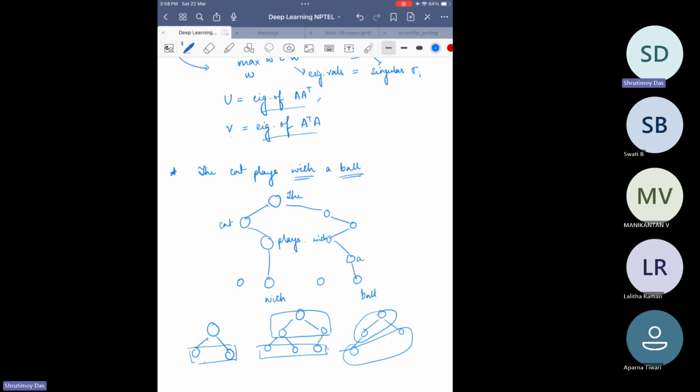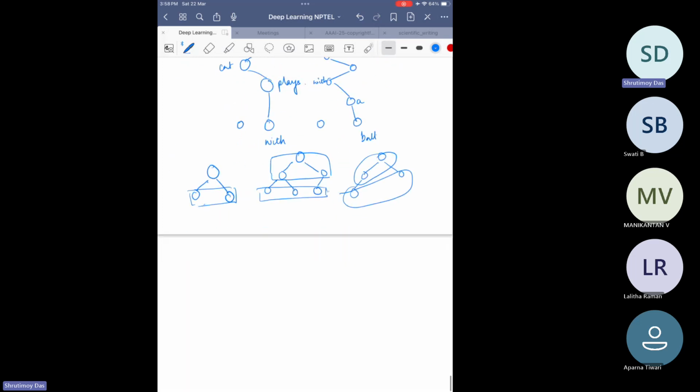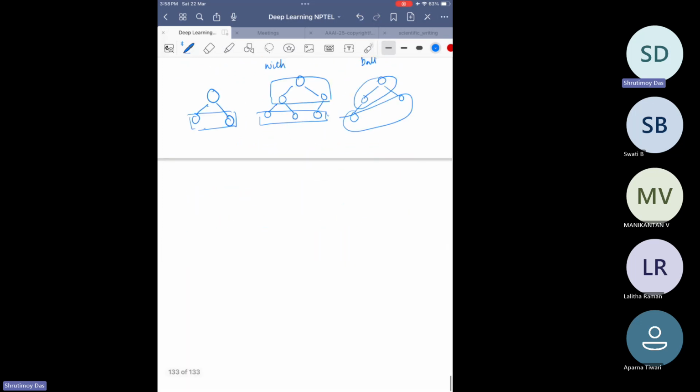The way this system is built is something like this. You have a good pair of words, and you have a bad pair of words.